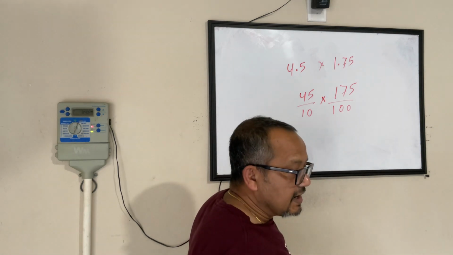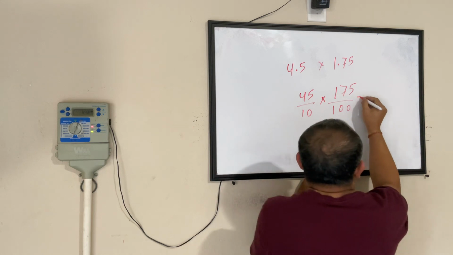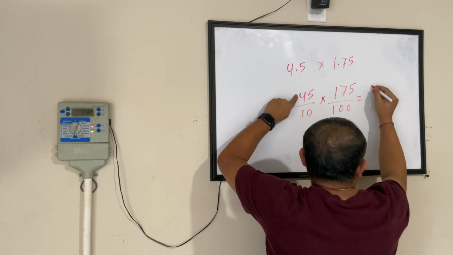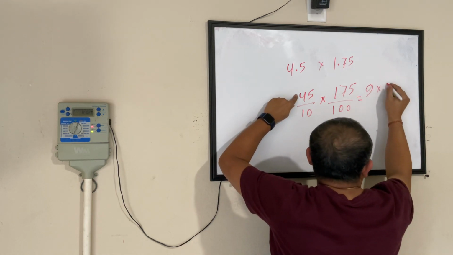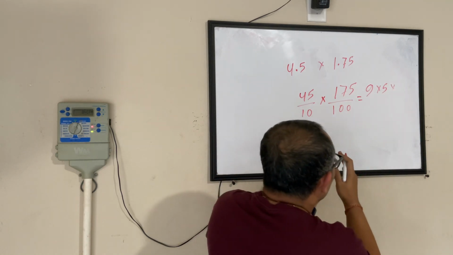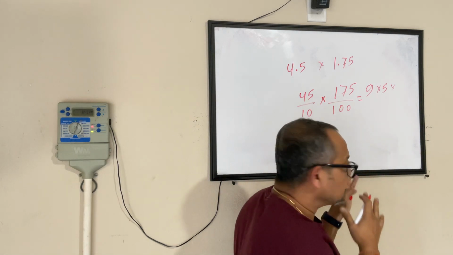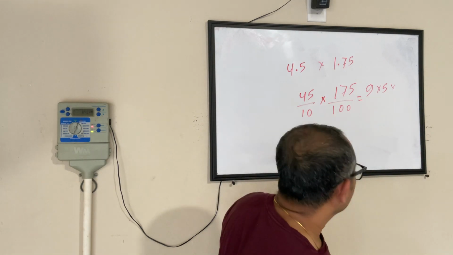Now, there's a little bit of calculation that you have to do to move it fast. 45, everybody knows the table. So this is 9 times 5, 45. What we are trying to do is break this into smaller numbers so that we don't have to do bigger calculations. Now, 175.